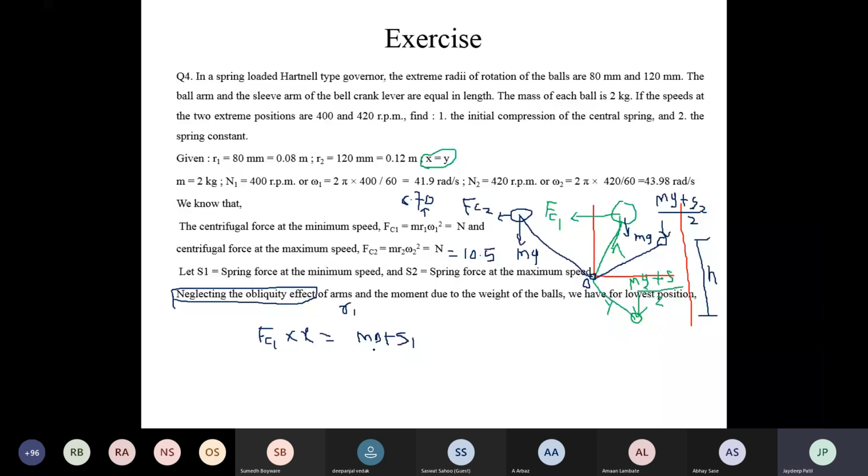Again, if you see in the numerical, x and y are given the same, so they get cancelled. Then mass of sleeve is not given, so it gets cancelled. Directly you will get S1 equal to 2 FC1. Similarly, you will get S2 equal to 2 FC2. Okay? Numerical here.